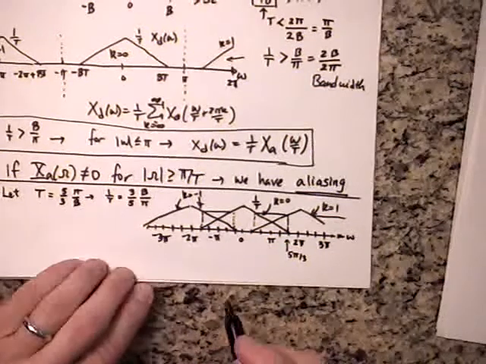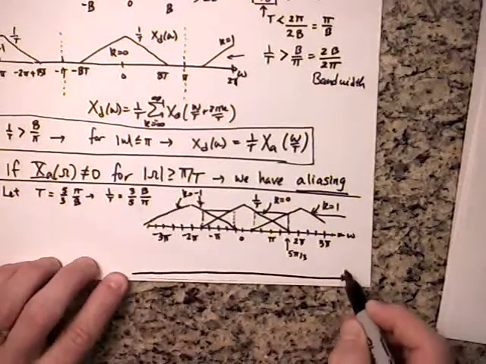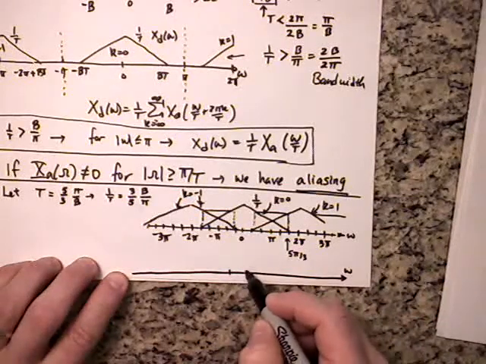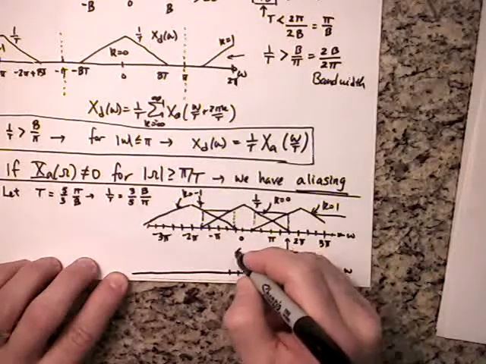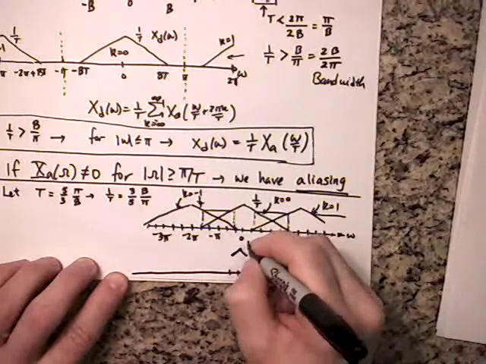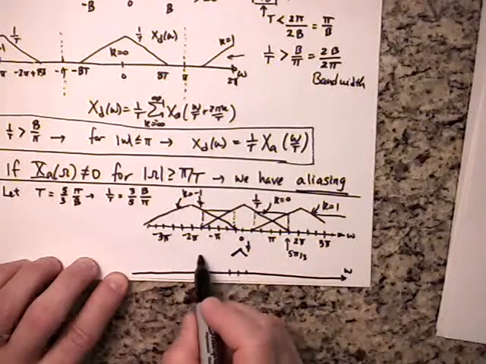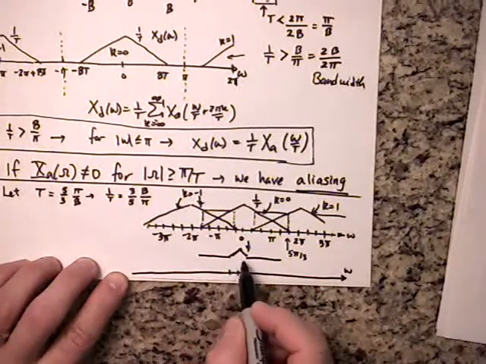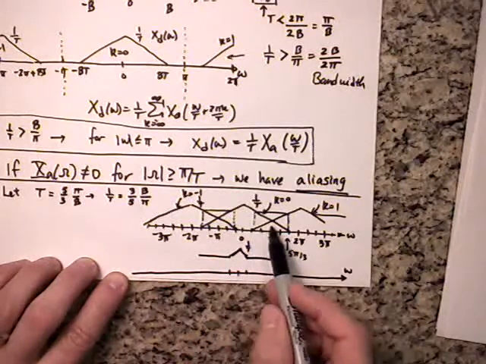So the net result is a spectrum that looks like this. Between 0 and pi over 3, the spectrum still has this nice triangular shape, height 1 over T, but then it's flat. We've lost spectral information, or we've combined spectral information from these low frequencies and these high negative frequencies and so forth.